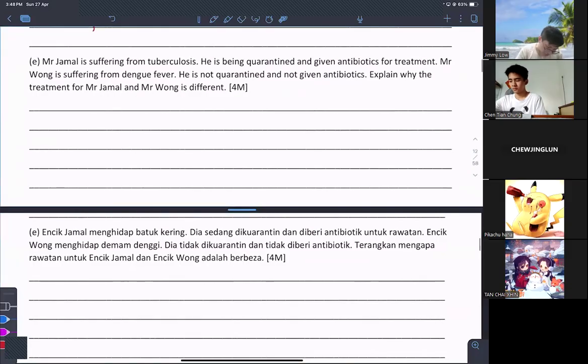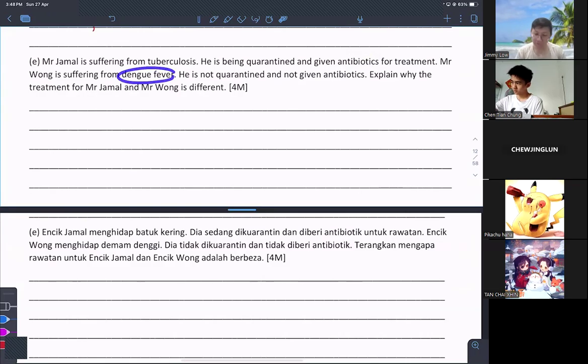Okay, tuberculosis. If you don't know what tuberculosis is, it doesn't matter. The point is he is not quarantined and not given antibiotic. Explain why the treatment for Mr. Jamal and Mr. Wong is different. One is tuberculosis, caused by bacteria. If you don't know it's tuberculosis, it's okay, but you see, given antibiotic, so at least you know tuberculosis is caused by bacteria.